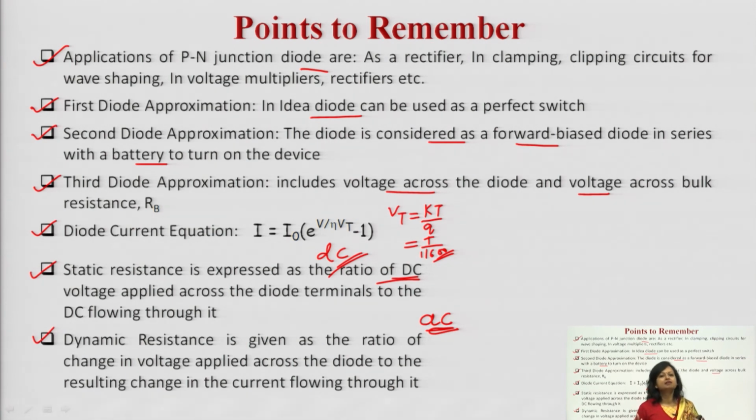So, by considering both the cases, forward and reverse, the VI characteristic can be drawn. The ideal case you can draw, and the practical case you can also draw. All these things we have discussed in today's session. Thank you so much for watching this.